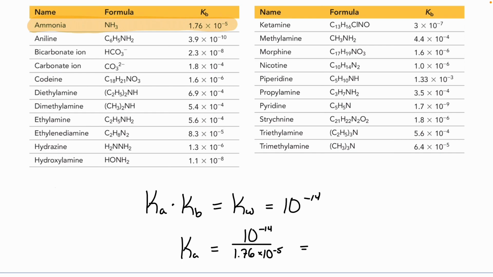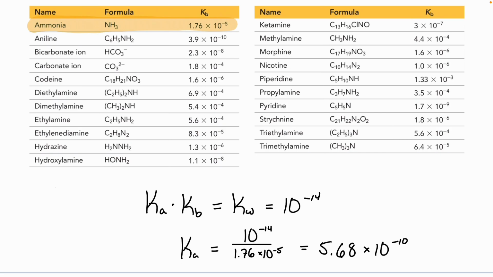Then my acid dissociation constant, my Ka, would be 5.68 times 10 to the negative 10, and I could use that value to figure out the pH of my solution at my equivalence point.